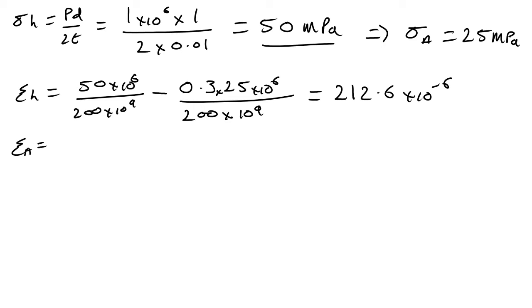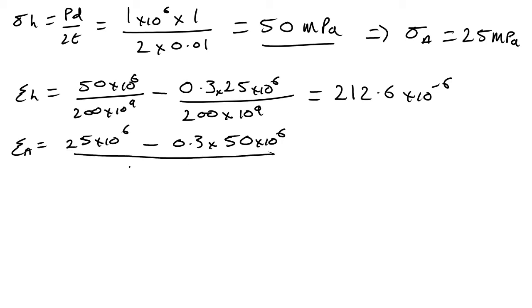In this case, it's going to be 25 minus our Poisson's ratio times our hoop stress in this case, so that's 50. In fact, rather than writing over 200 to the 9 each time, we can just put that under both of those, can't we?